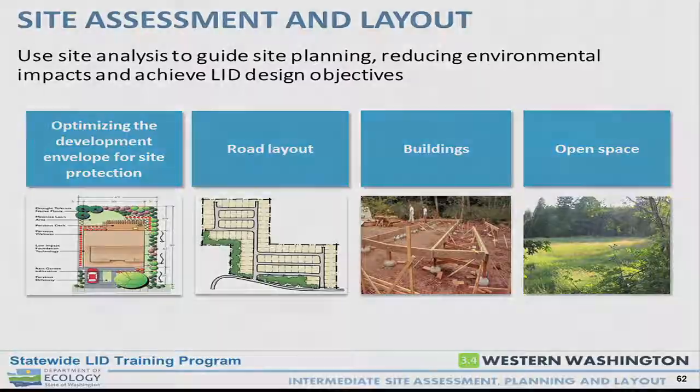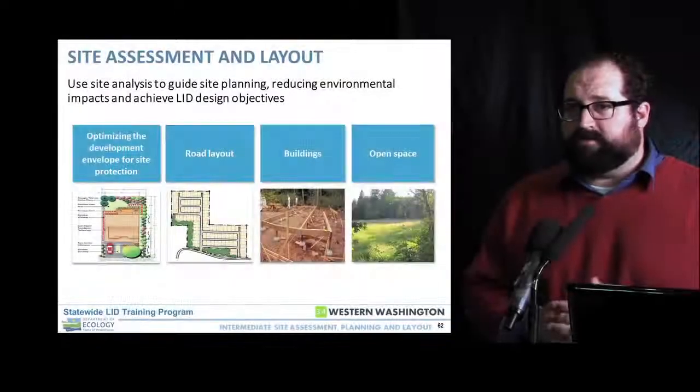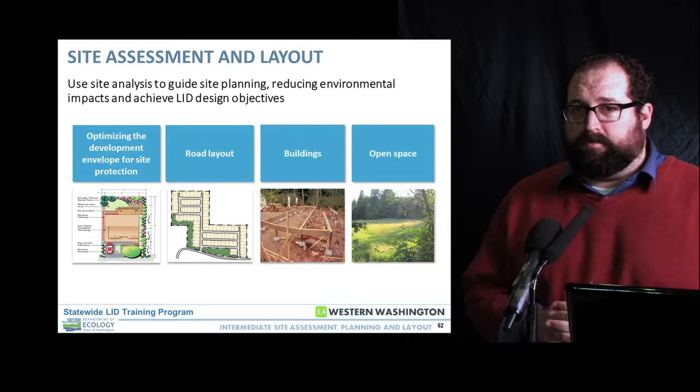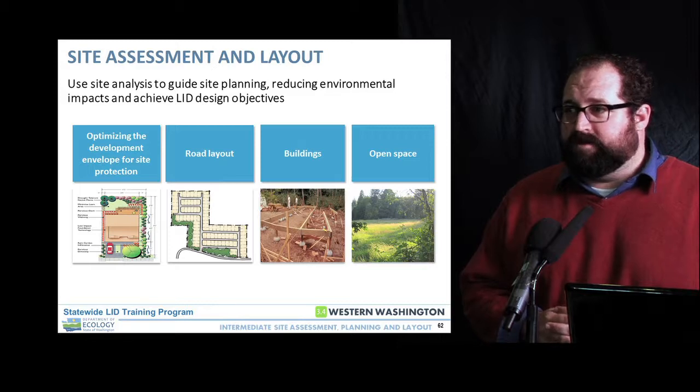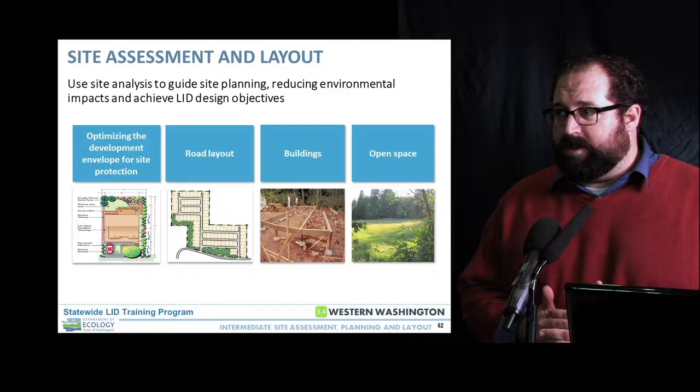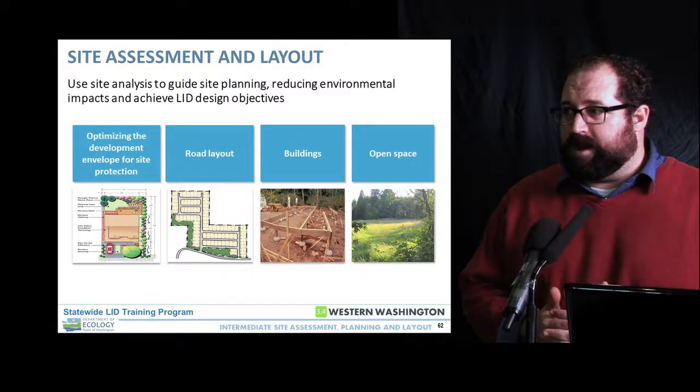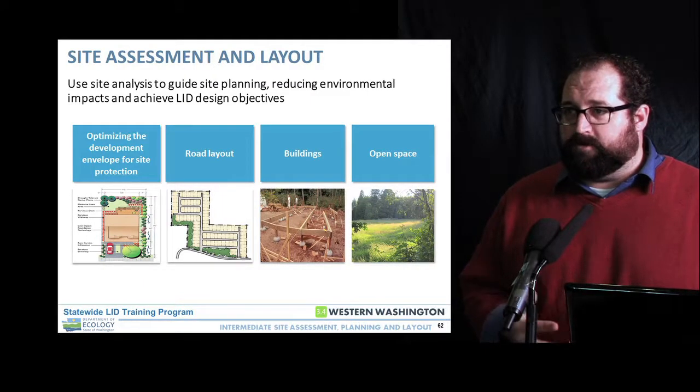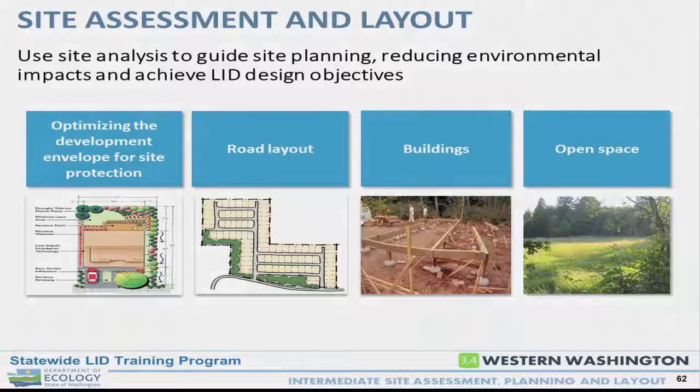Road layout: the numbers that were thrown out of roads taking up to and more than 25% of communities make them a key player in reducing impacts, as well as being able to create opportunities for managing stormwater. So looking at road layout, building layout and placing buildings on the site itself, and then talking a little bit about open space, both as a strategy to incorporate into design as well as using it in stormwater management in that way.